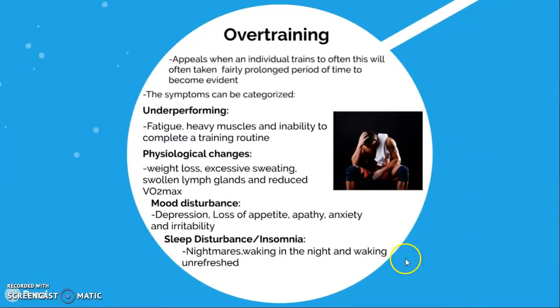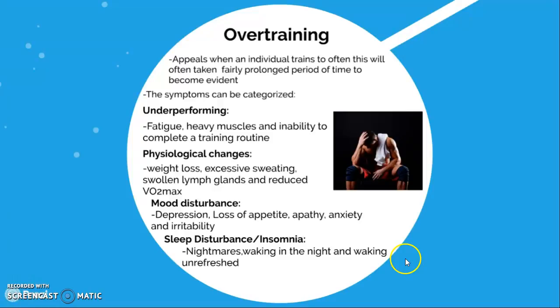And finally, looking at overtraining. Overtraining appears over a long period of time when athletes train too often and don't give their body the time to rest and recover. And the rest and recovery period is vital, and it may lead to some quite serious symptoms that could become issues, such as fatigue, heavy muscles, and inability to train.